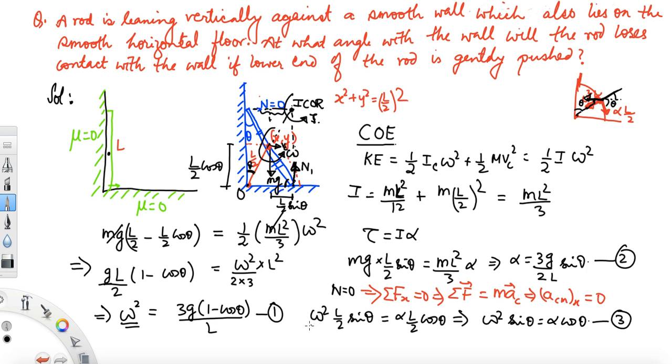So let's see. I'm going to use equations 1 and 3 to eliminate omega square. So put the value of omega square in equation 3. So it's going to be 3g into 1 minus cos theta over L times sine theta is equal to alpha cos theta.